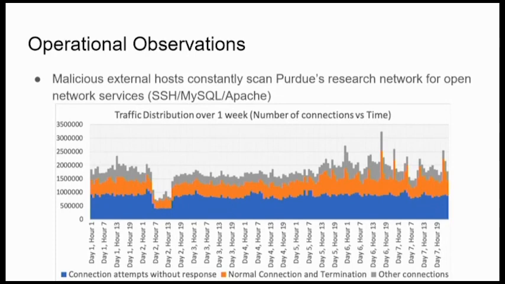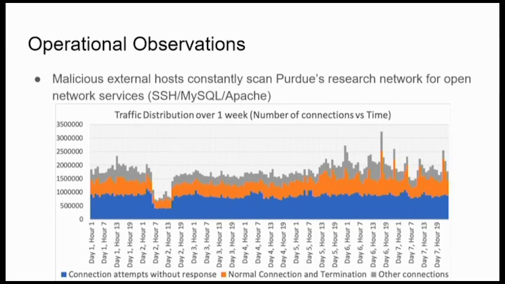This diagram shows the connections over a week. The part shaded in blue is any connection that is initiated but does not receive a response. So you can see a majority of the traffic that we see is a connection that is initiated but does not get a response, and this includes all the scanning that is happening on the network.